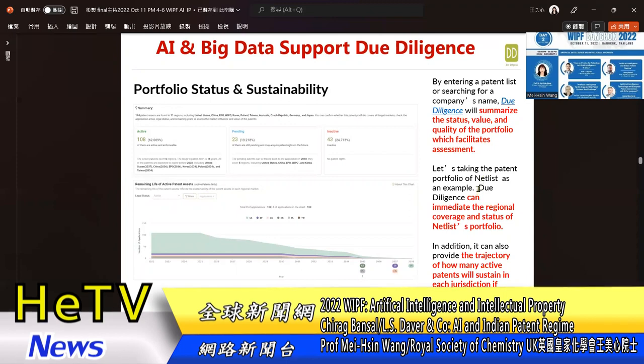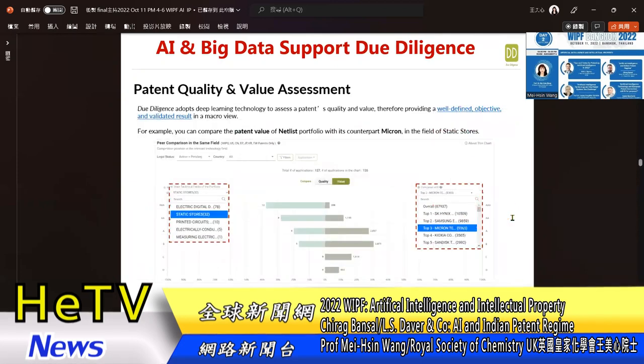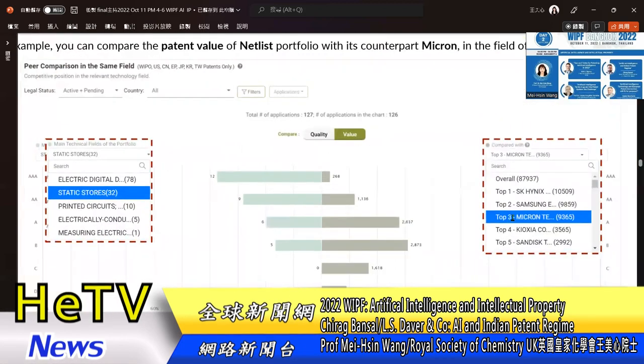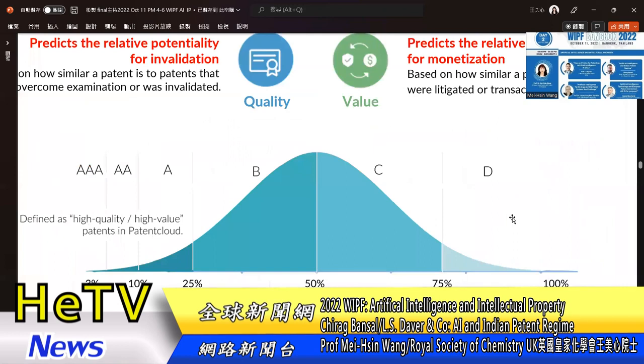This patent due diligence tool helps to understand the regional coverage and status of the target's portfolio. In addition, it can also provide the trajectory, how many active patents were sustained in which jurisdiction if the company keeps maintaining. For patent quality and patent value assessment, we can do the comparisons side by side based on the class, both for Netlist and Micron, as you can see here.